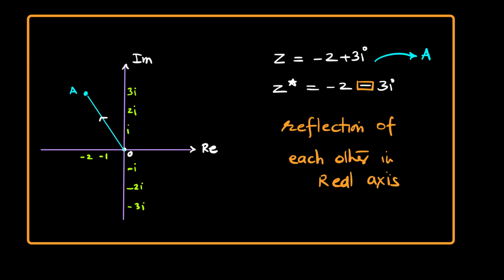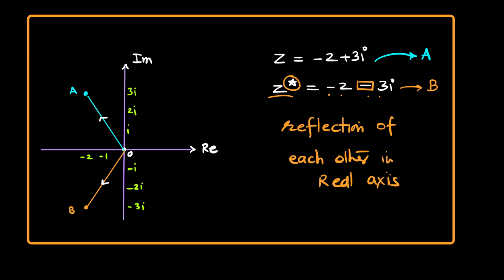Now let's label z star, z conjugate, as point B. The coordinates are -2 and -3. So this is -2, this is -3, this is labeled as B, and I'm again drawing a vector from origin till B. So this is the vector OB. We have already seen that the two vectors are reflections of each other in the real axis.